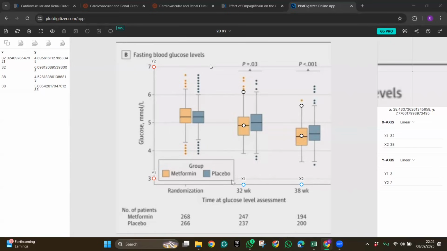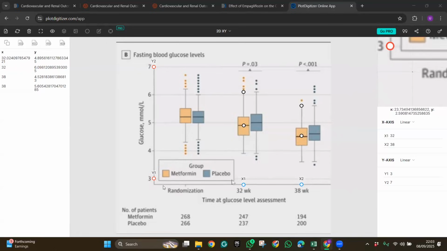Acha, Gayatri, I took 32 weeks and 38 weeks. We'll take from 3. Gayatri, there is no 3 on the x-axis. This 3 you see here is on the y-axis.